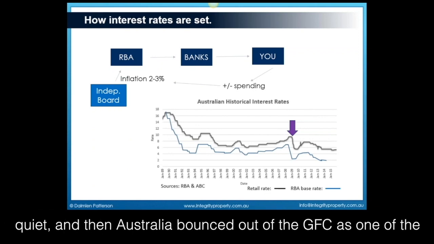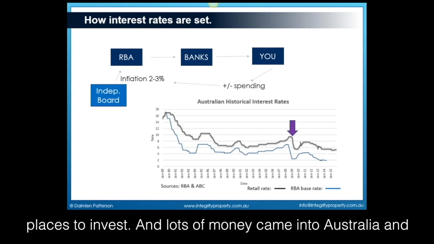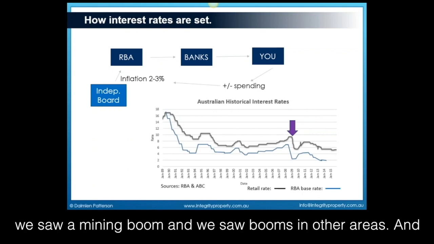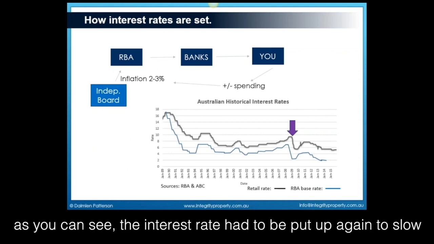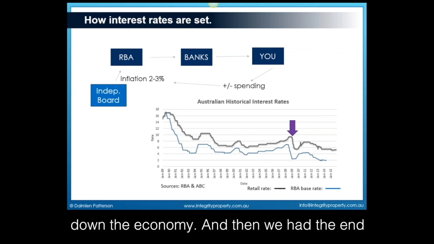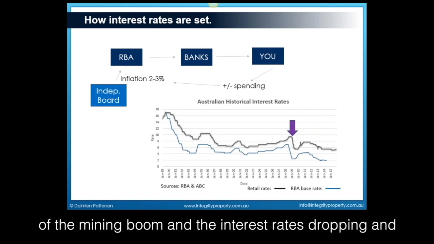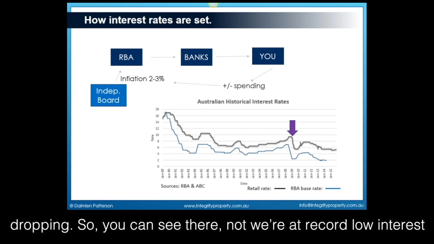Then things went quiet, and then Australia bounced out of the GFC as one of the places to invest. And lots of money came into Australia, and we saw a mining boom, and we saw booms in other areas. And as you can see, the interest rate had to be put up again to slow down the economy. And then we had the end of the mining boom and the interest rates dropping and dropping.